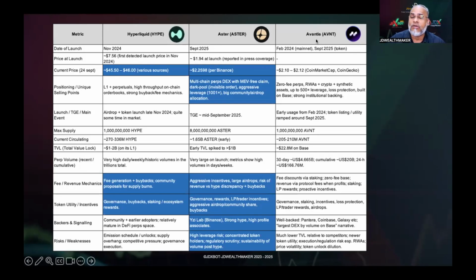Now we do have another competitor, Aventis. Please understand that Aventis is also another very profound, significant project, and this project is backed by Coinbase. So you can see the big players: Coinbase, Armstrong, and then we've got Binance. Hyperliquid, on the other hand, is backed by private investors and venture capitalists.